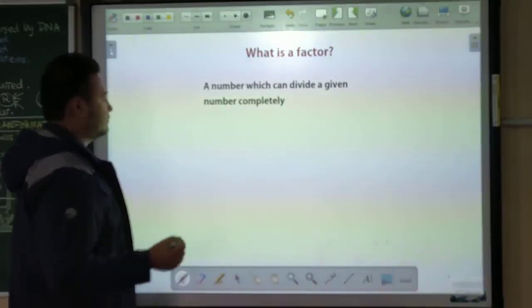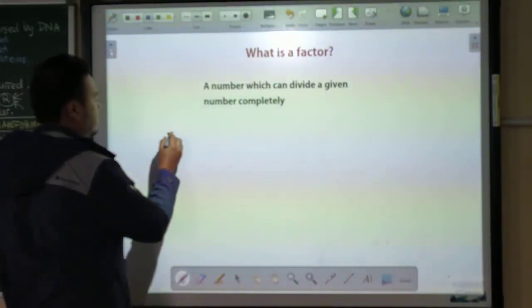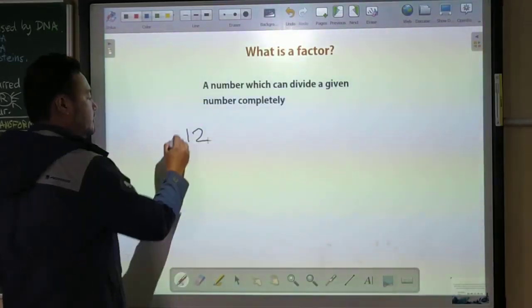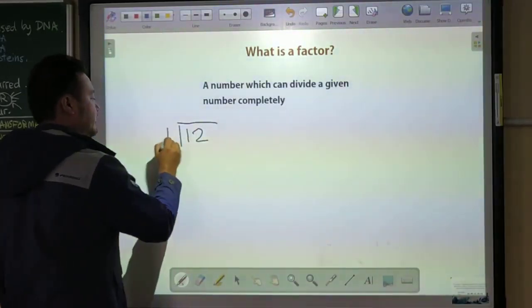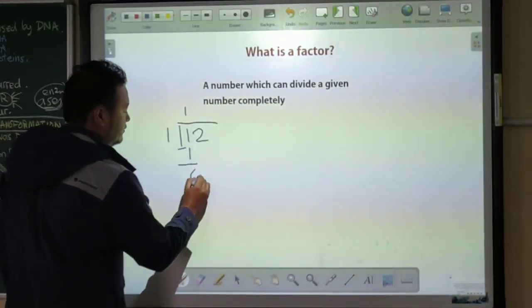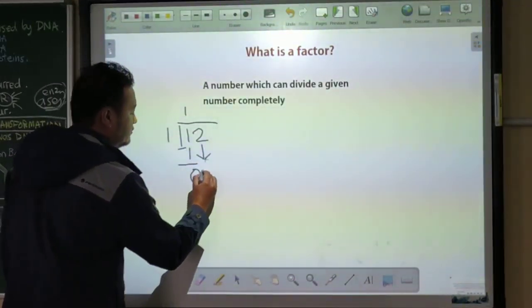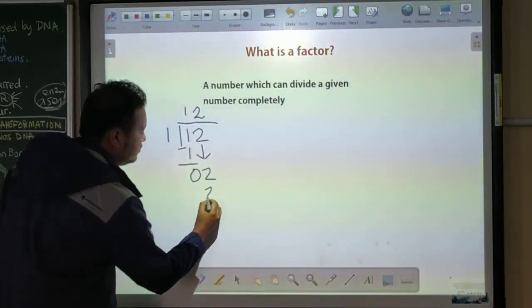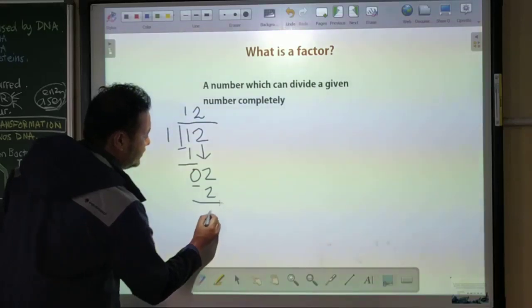If we take another number, let's say 12. Now start with 1 and start dividing. 1 1s are 1. We bring 2 down. Then 1 2s are 2 and the remainder is 0.